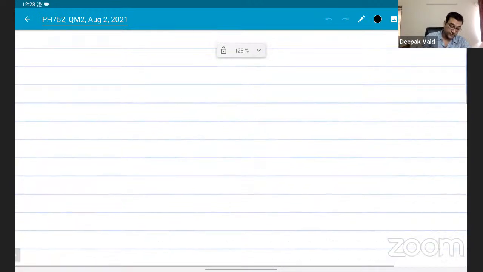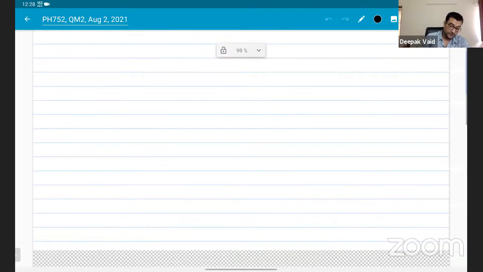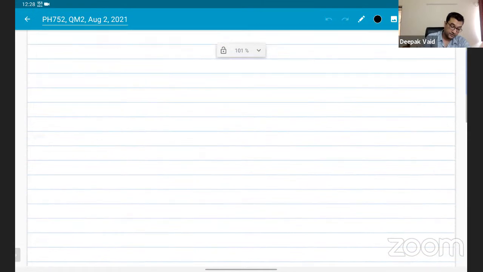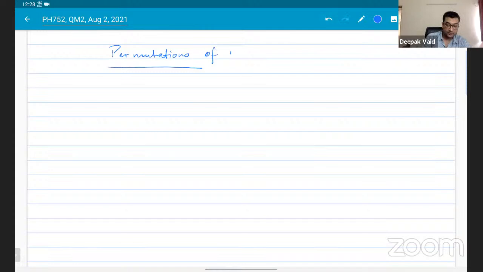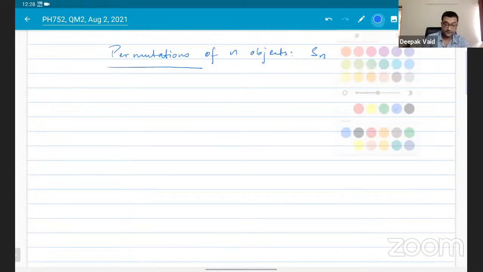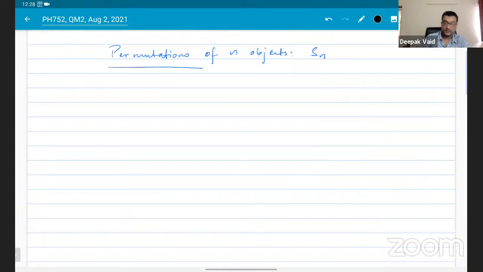Another group which is very important is the group of permutations of n objects. And this goes by the name of Sn. It's a symmetric group. So again, I will leave it as an exercise for you.